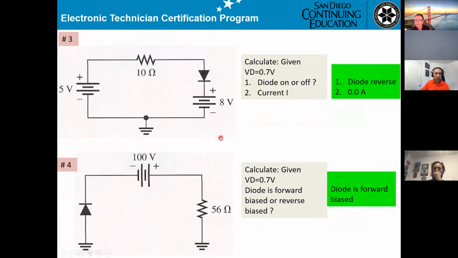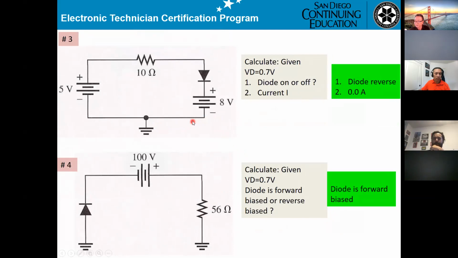On this one, they are just asking whether the diode is on or off. You get 5 volt here and 8 volt on this side. So VD cannot be higher than 0.7. VD means you take 5 minus 8, you get minus 3, so it's not greater than 0.7.